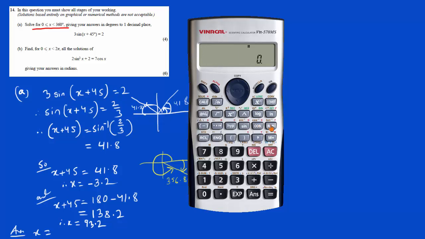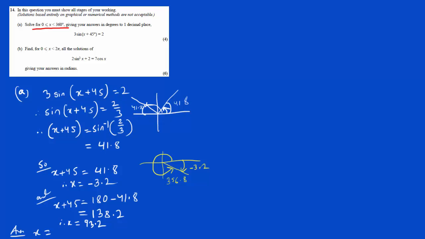Now if we do sine of minus 3.2, we should get the same value. We get the same value. So remember that. So this is going to be x equals 93.2, 356.8.